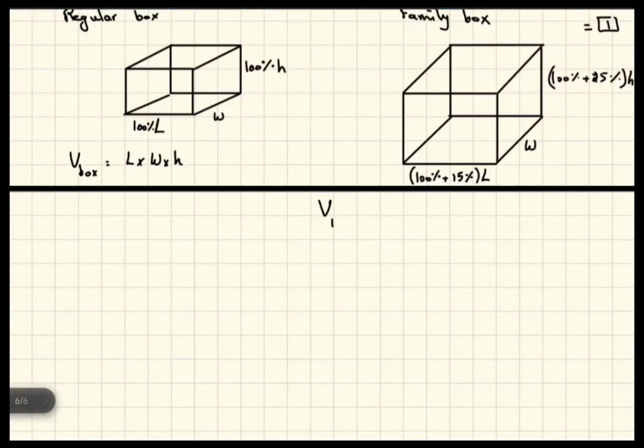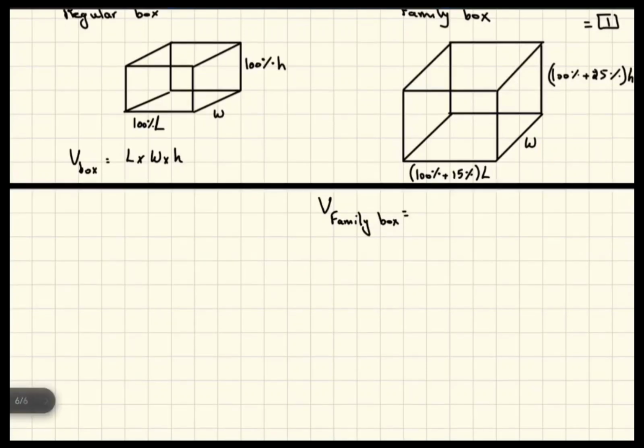Now, what happened to the volume here? So the new volume of the family box will be 100% plus 15% is 115% L times, so you're gonna do L times W times H, but now L is not L, it's 115% because it was increased by 15%. The width, it stays the same, and the height, it becomes 125% H. So this is our new H, basically.